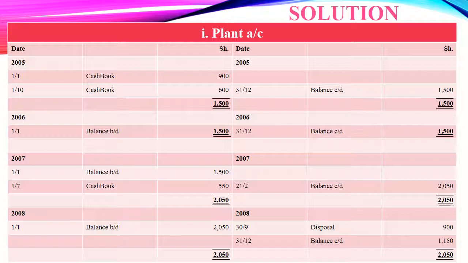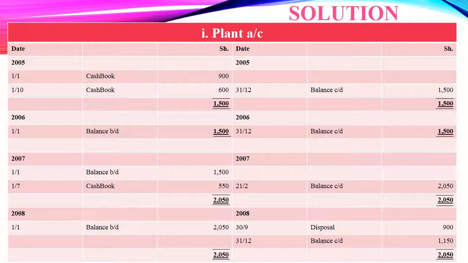So the first thing that we are going to look at is the plant account. Like we said earlier, plant is an asset, and as we know, non-current assets will have debit balances. Therefore, in our plant account, the assets that were acquired will have debit balances, and whenever you acquire an asset through purchasing, the item that is affected is cash and bank.